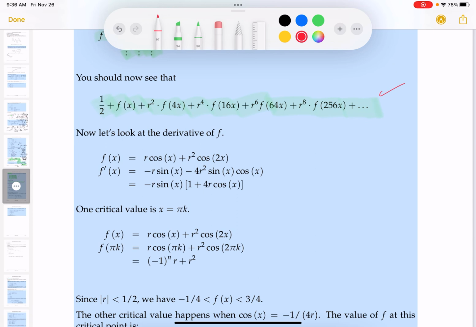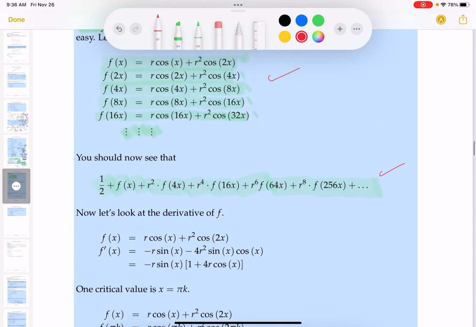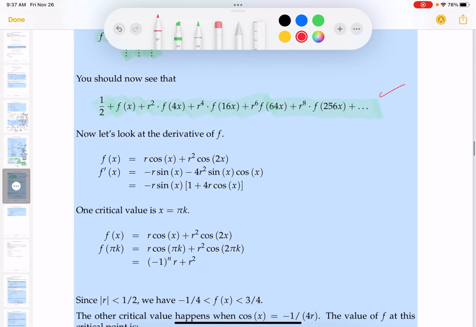All right? By the way, the understanding is what f is. This is f over here. So f of x is r cosine of x plus r squared cosine of 2x. So I took the derivative of it. All right? And I get this over here. Really not that bad.